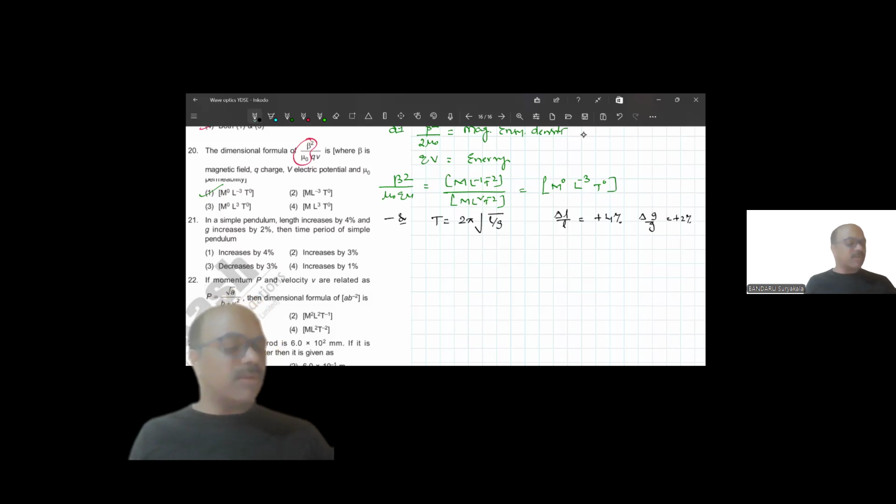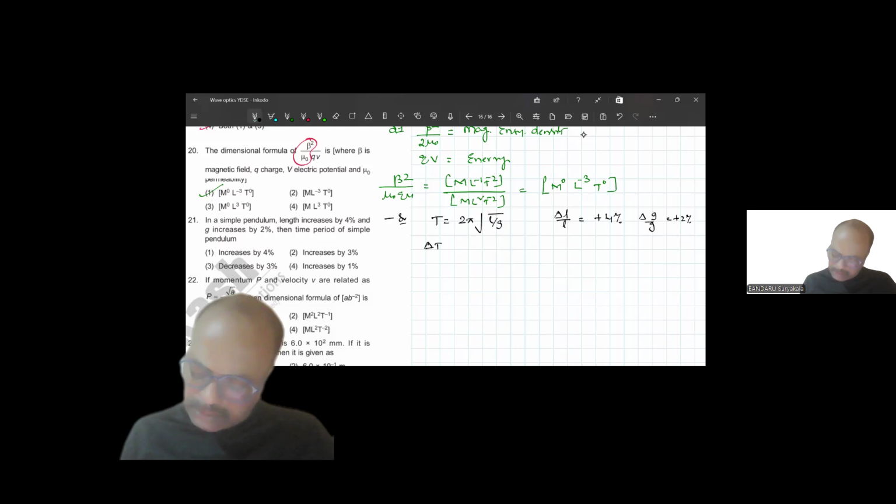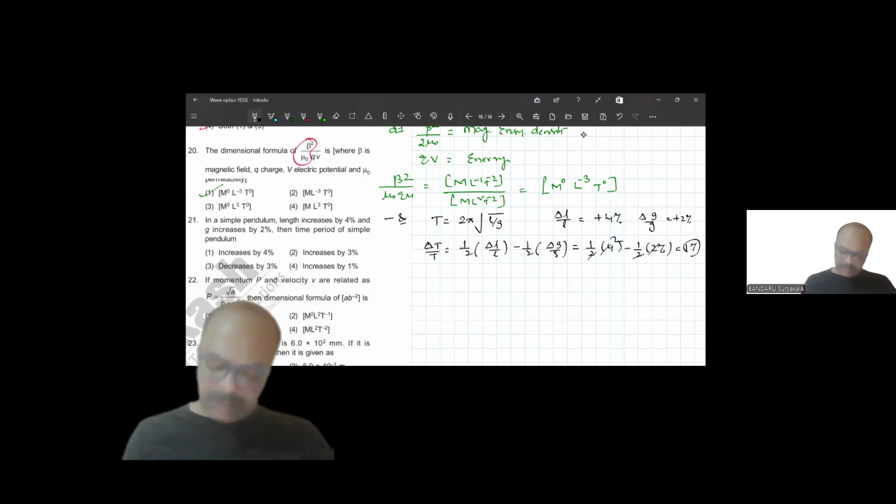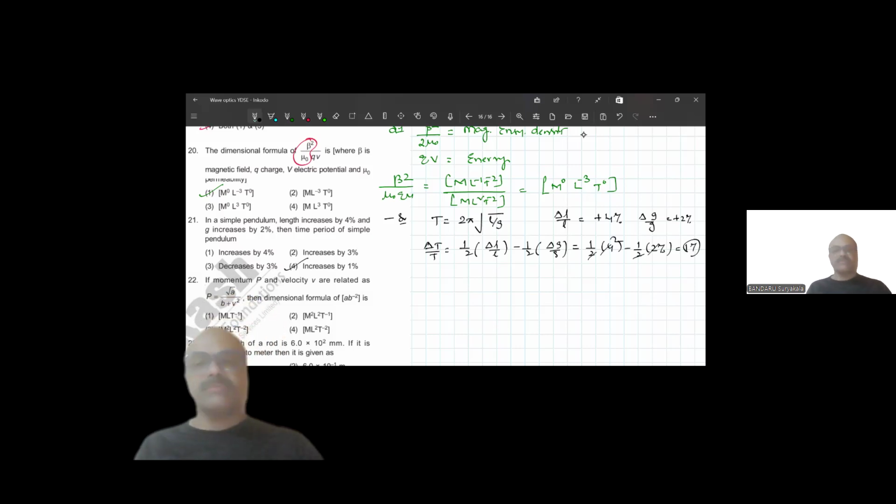Okay, so we want delta T by T. So delta T by T equals half into delta L by L minus half into delta G by G. So it becomes half into 4% minus half into 2%. This is 2, this is 1. So it becomes plus 1%. So the answer is increases by 1%. Okay.